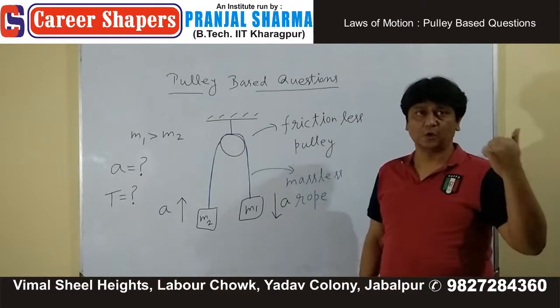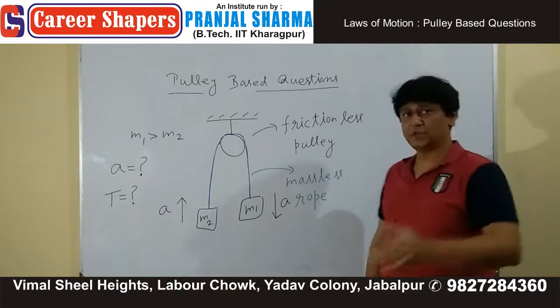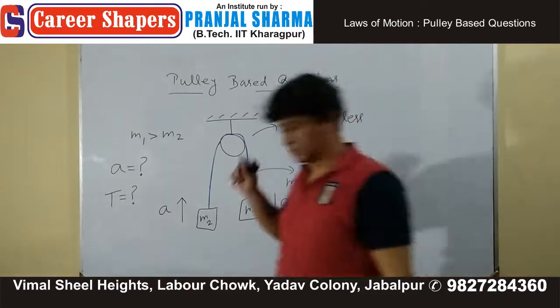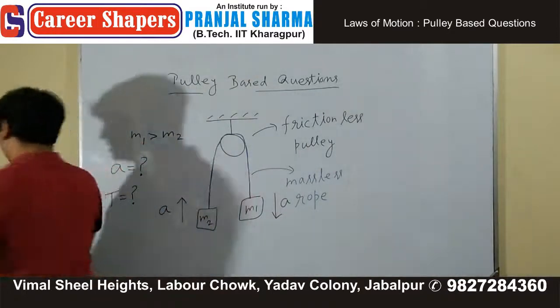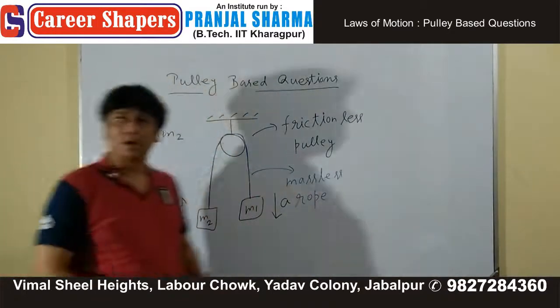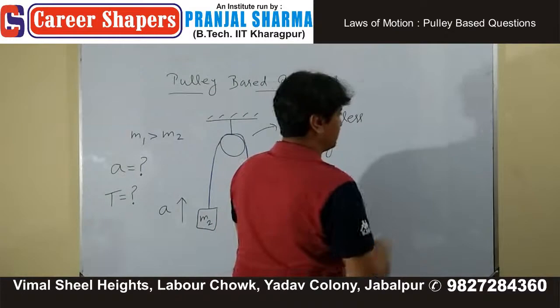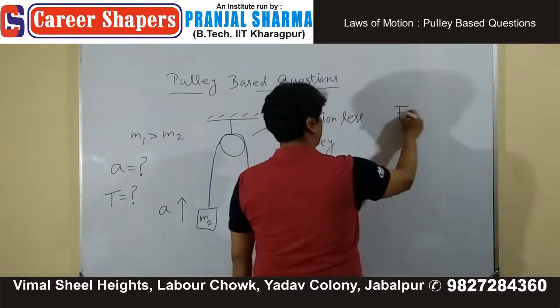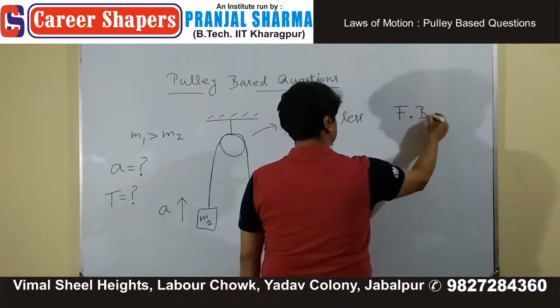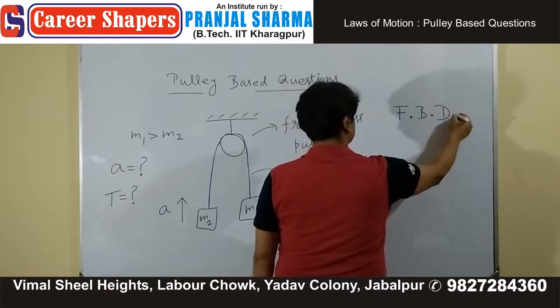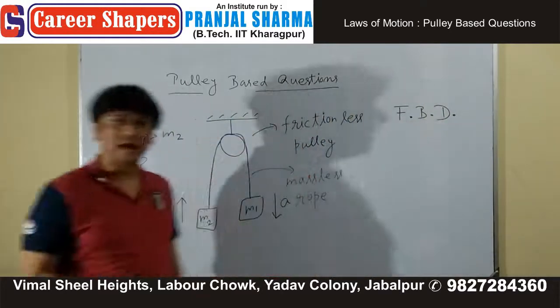Tension acts away from the body. Only these things are required and you can answer this. And the other end is you need to draw free body diagrams of M1 and M2. If you will draw the free body diagrams, you can find acceleration.